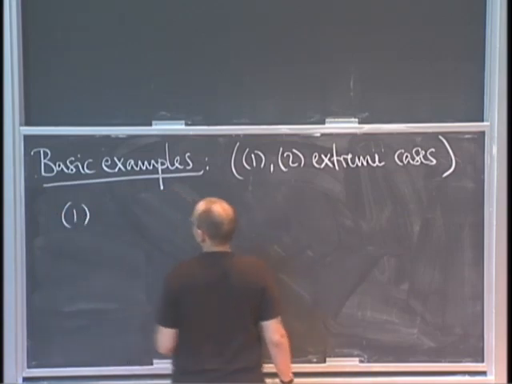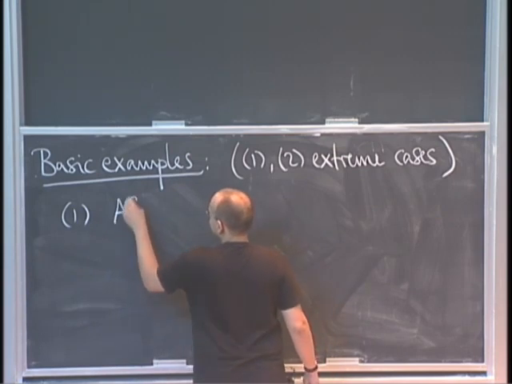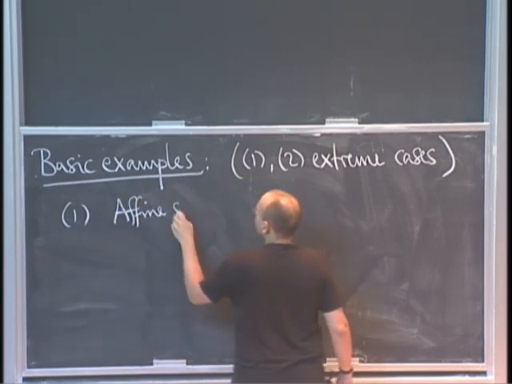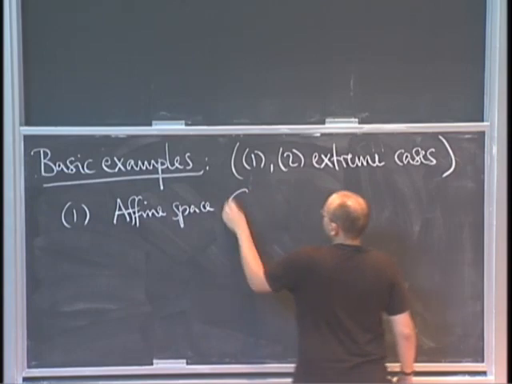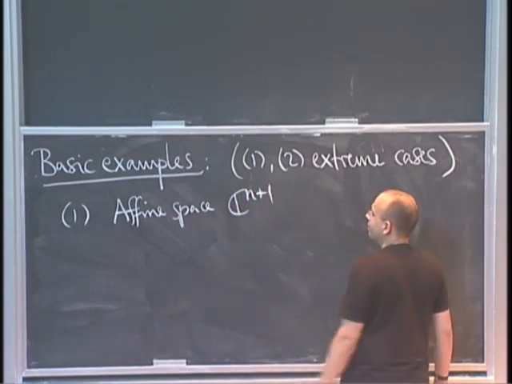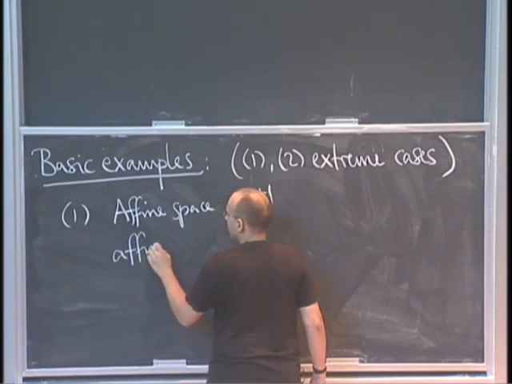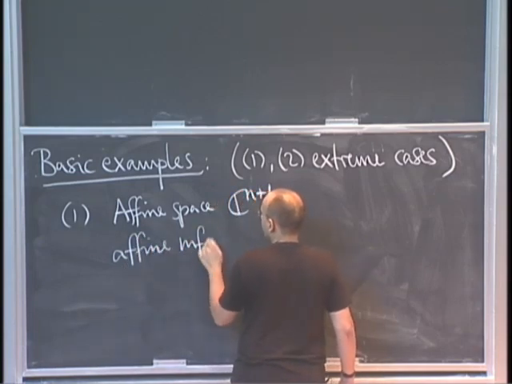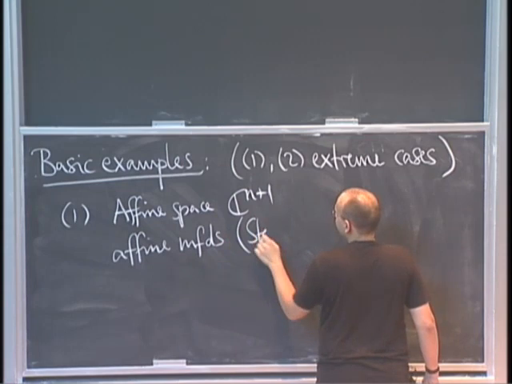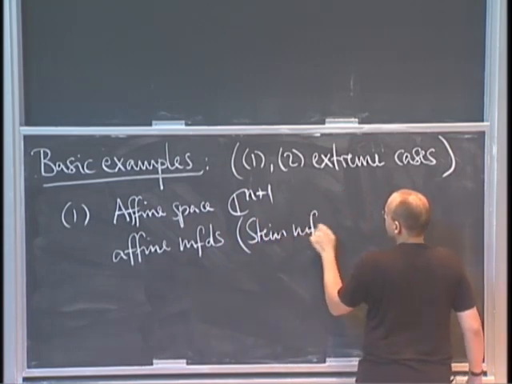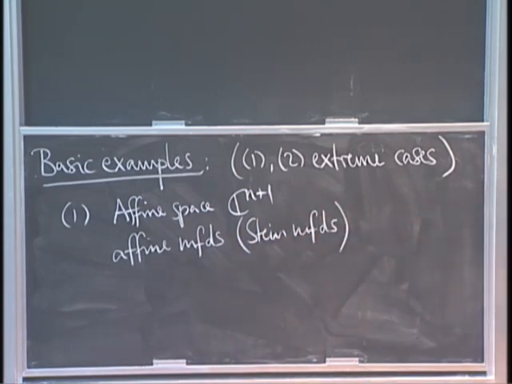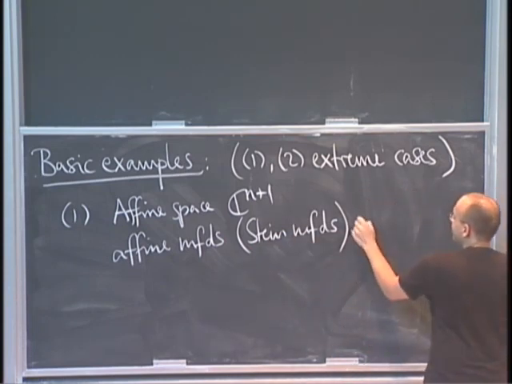So we have affine space, C^{n+1}, and then we have affine manifolds. Some people would say Stein manifolds. And of course, depending on who you talk to, that's either a definition of Stein manifold or a theorem.